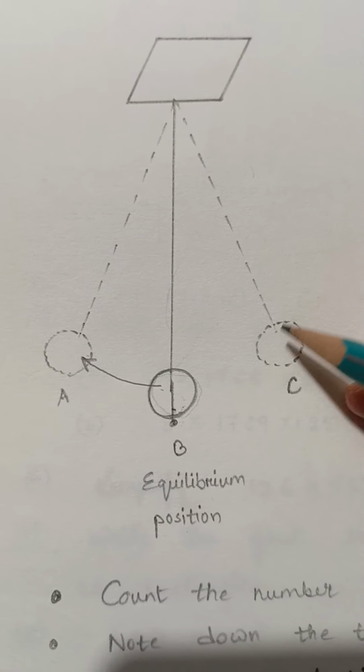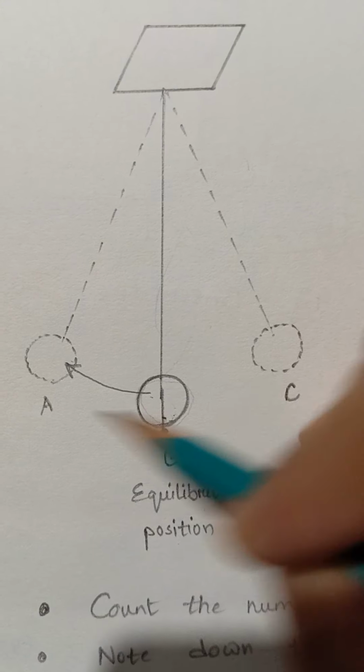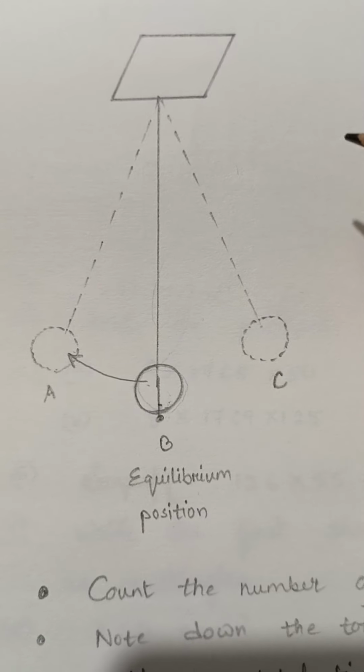It starts oscillating like this. This motion is also known as to and fro motion.